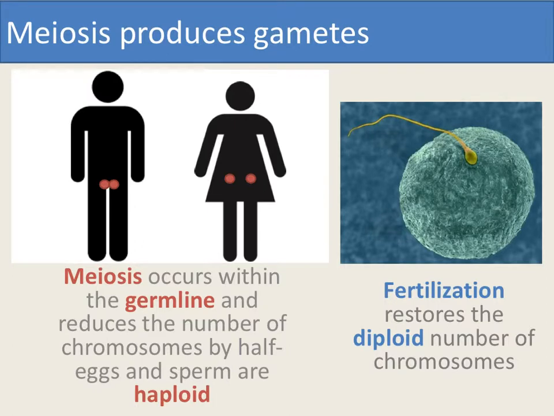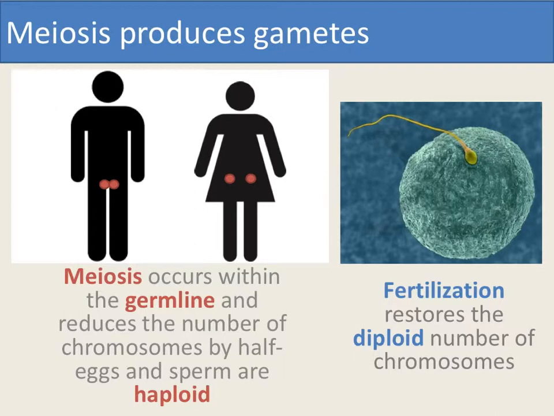Meiosis occurs in the germline. Meiosis is where the gametes are actually formed. In some ways it's very much like mitosis, but there are 2 different phases, meiosis 1 and meiosis 2.